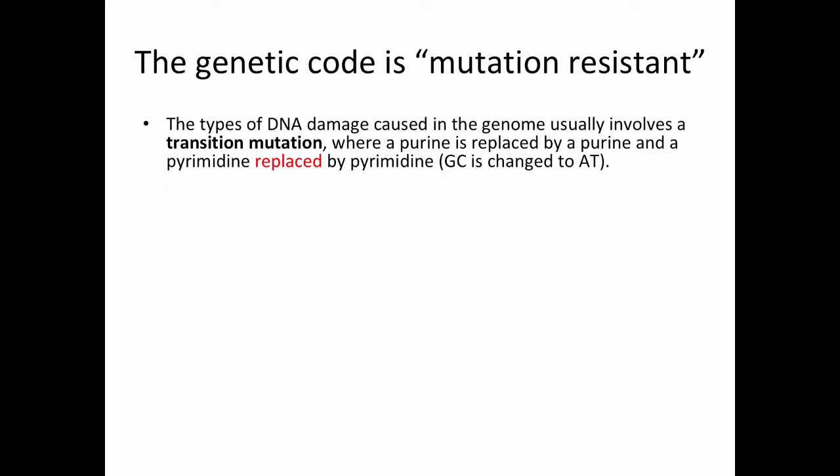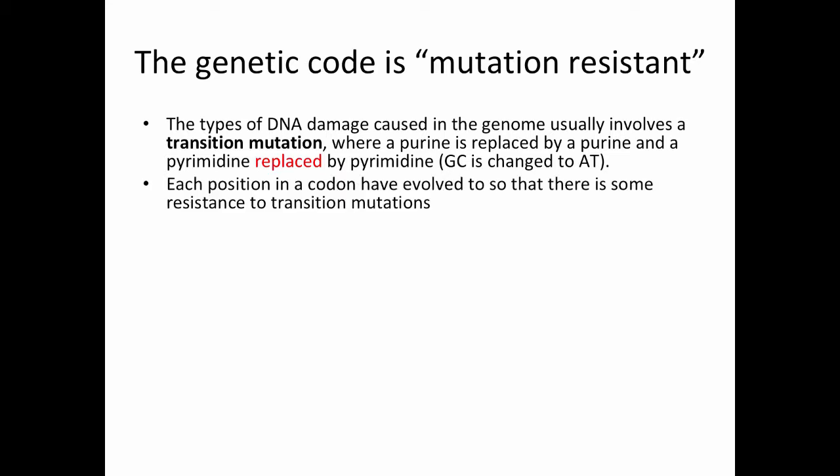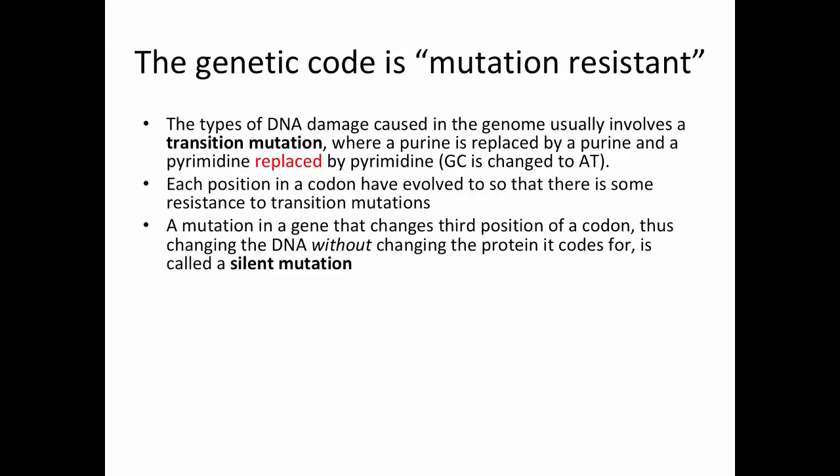So that would change a GC base pair to an AT base pair if there was something wrong with the G. So each position in a codon has actually evolved so that there's some resistance to these types of mutations. Now, probably the best mutation that can happen is a silent mutation.